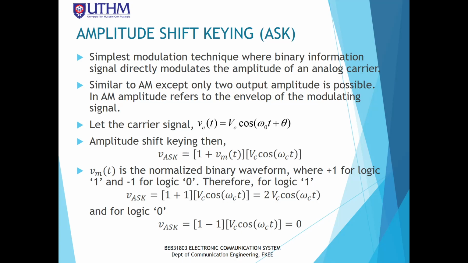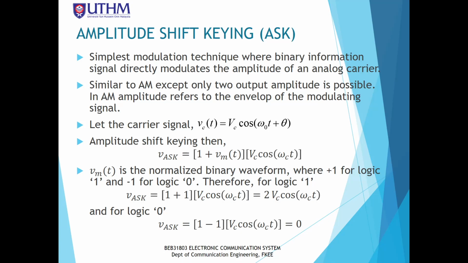Okay, so last week we learned about amplitude shift keying, which is digital modulation with an analog carrier, where we modulate the analog carrier so that we can produce an analog signal that can be transmitted over the wireless medium.